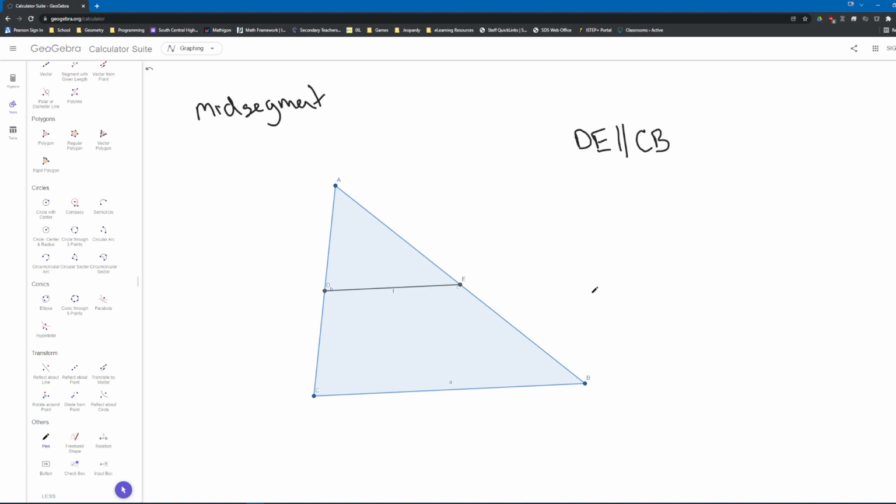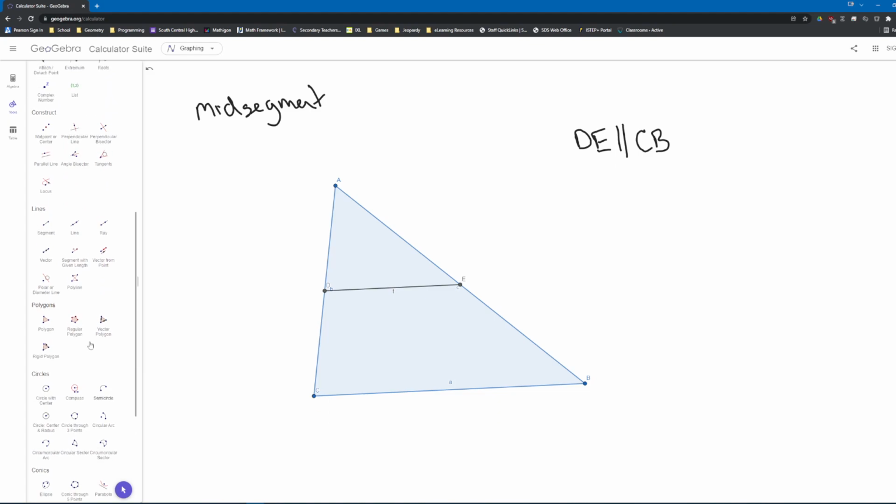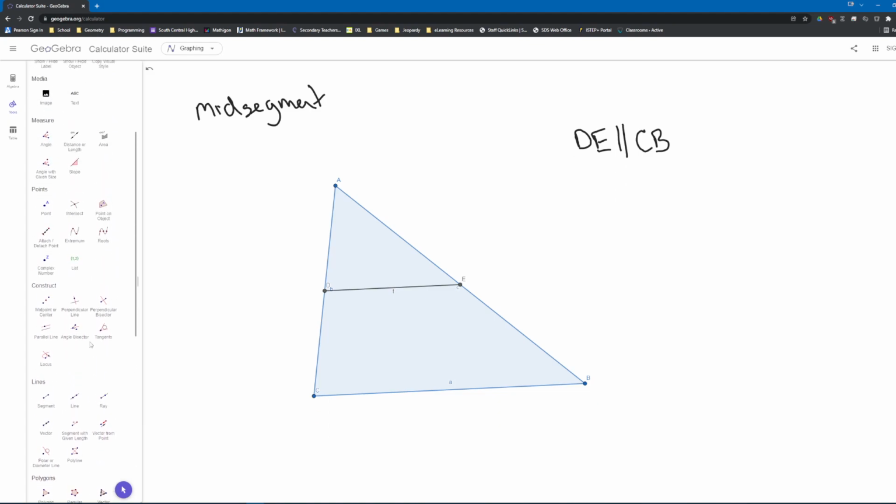So anytime you form a mid-segment, the mid-segment will be parallel to one side of your triangle. The other property is that the measurement of your mid-segment and the side that it is parallel to are special. If you find the measurement of DE, it's 5.16, and so on. If I find the measurement of CB, it's 10.32.